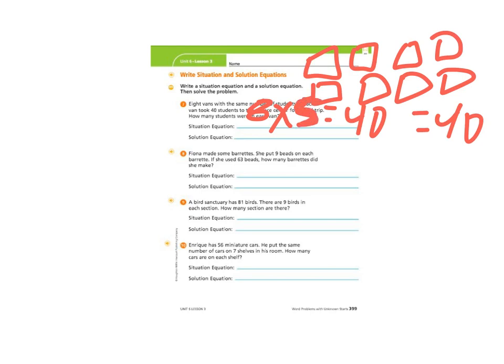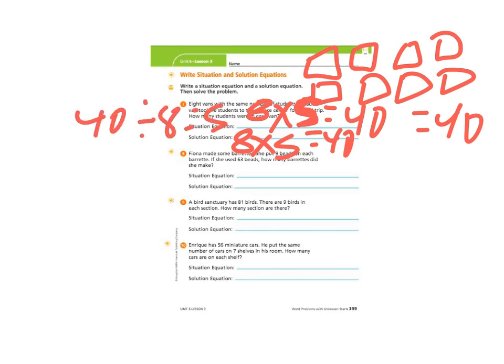That should be an S for students. You could solve it just like that. So your solution equation, 8 times S equals 40. Or for some of you, you would do 40 divided by 8 equals S. Either way, if you're counting by 8s, 8, 16, 24, 32, 40, your S is going to equal 5. So 5 students.